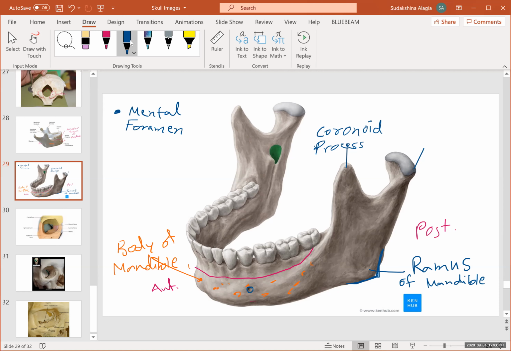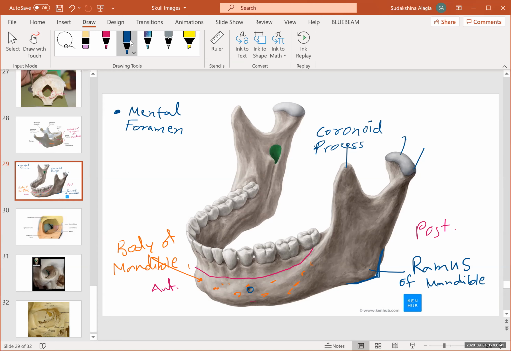Coronoid process. And this is a bulky round bulge meant for articulation. This is what goes below the temporal, that mandibular fossa that we looked at. Any part that articulates with another bone moves.